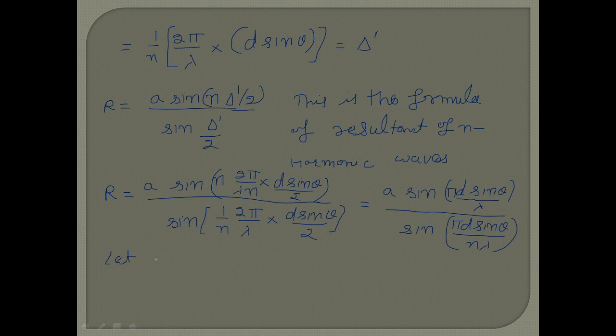For the solution of this equation, let me consider some assumptions here. Pi d sin theta divided by lambda is equal to alpha. Then we get R is equal to A sin alpha divided by sin alpha by n.